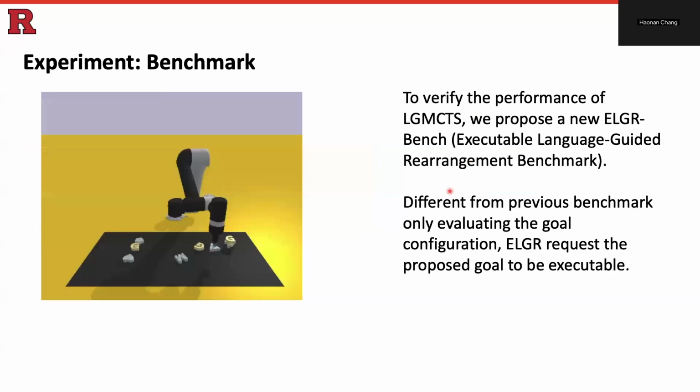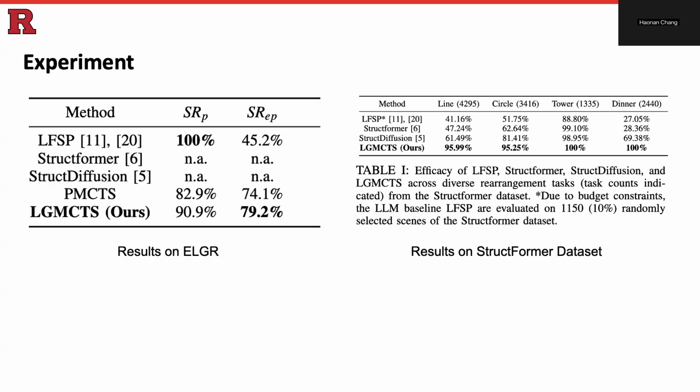To verify the performance of LGMCTS, we propose a new benchmark, ELGR bench. Different from previous benchmarks only evaluating the goal configuration, ELGR requires the proposed goal to be executable. So we will command the robots to execute the generated plan, and then check the final result.